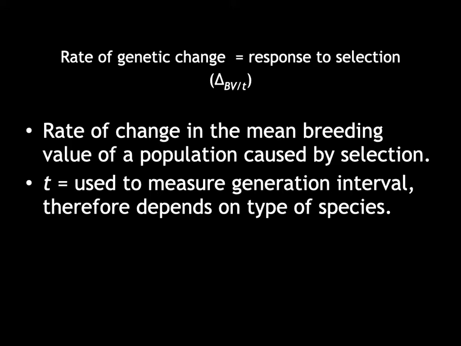Therefore it depends on type of species. Some species have a short generation interval, and other species have a longer generation interval. So generation interval refers to the time where we replace that individual with the next generation.